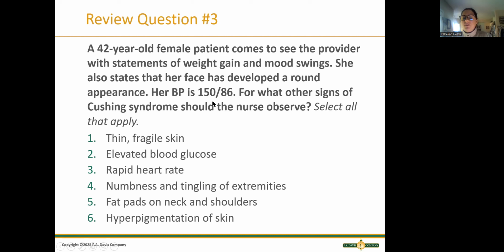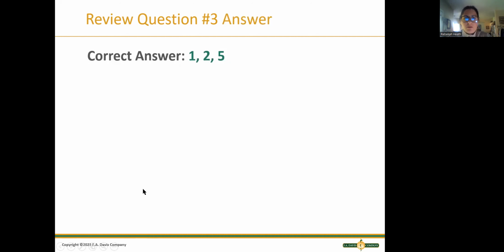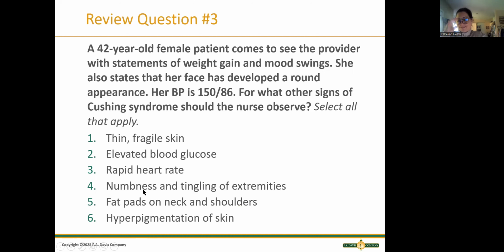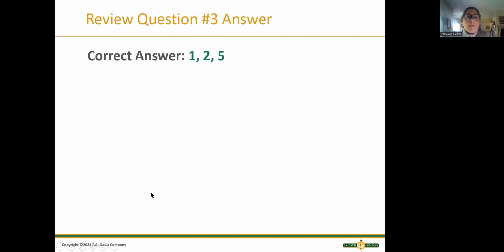So let's think through Cushing syndrome. What do we think might be going on? Oops, I'm sorry, I accidentally went ahead. So if you saw it, the answer is 1, 2, and 5. We're going to talk more about Cushing syndrome and the disorder, but we might see thin, fragile skin, elevated blood glucose, and that fat pad on the neck.